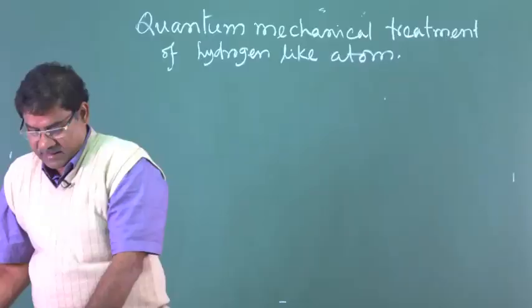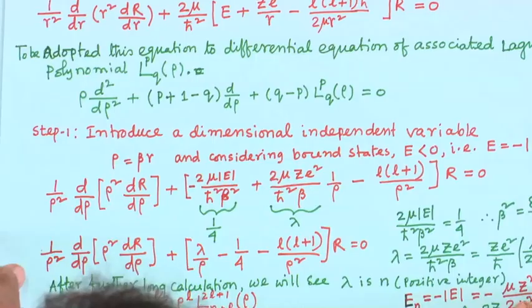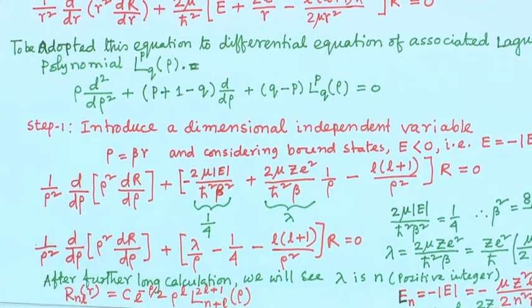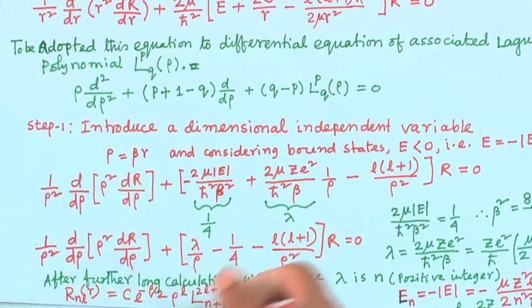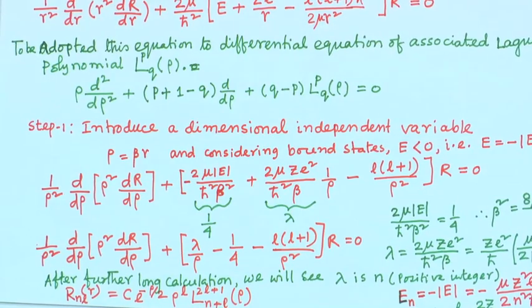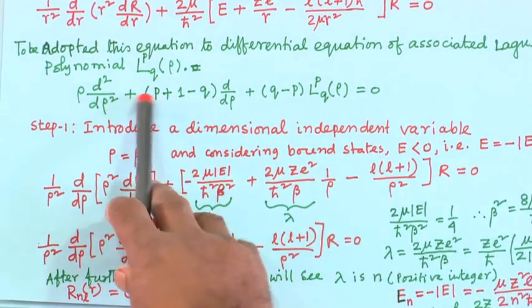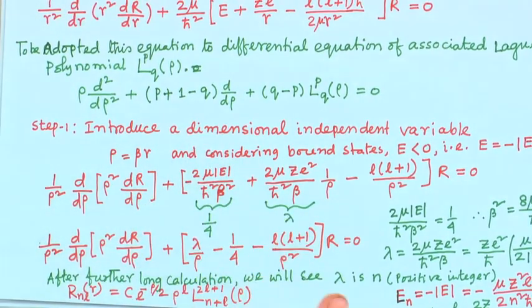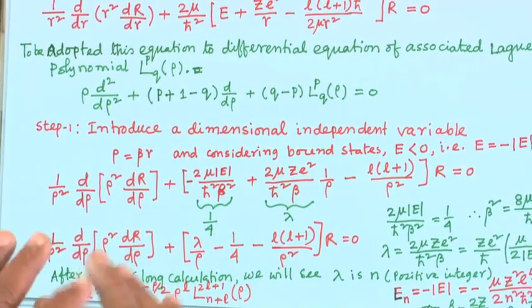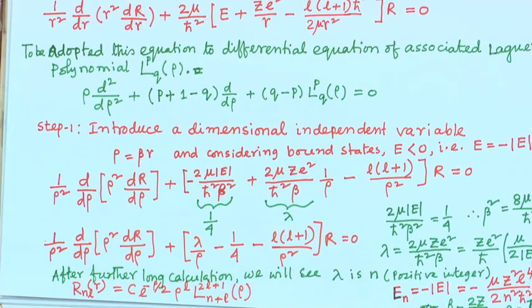And finally, the solution of the R equation is in terms of associated Laguerre polynomial. This is another polynomial. It has a standard form, and from mathematical physics one learns these different kinds of polynomials.